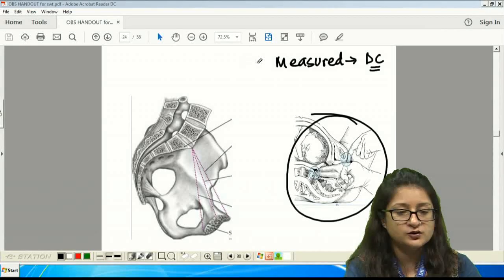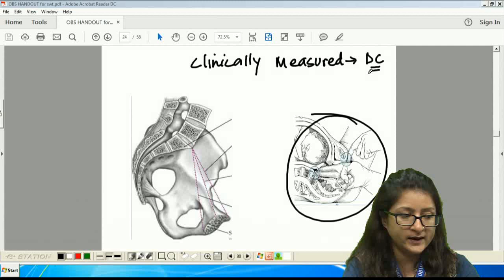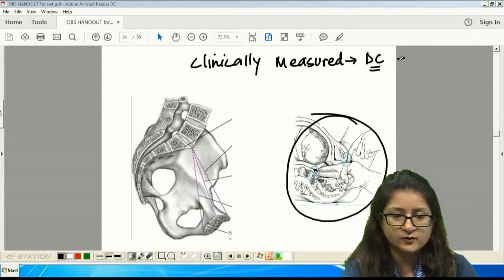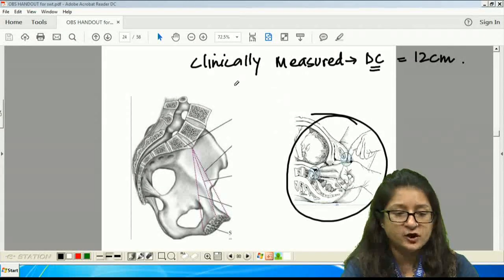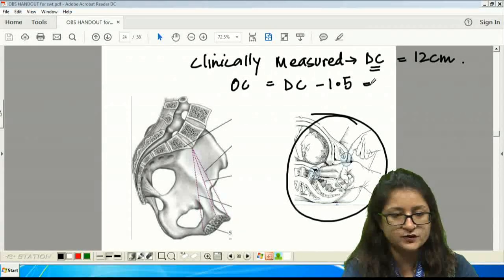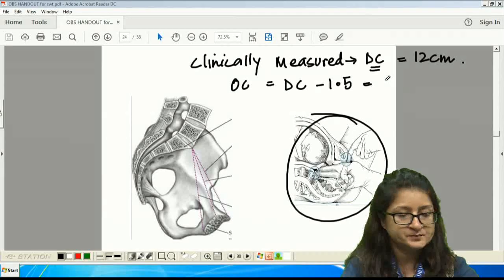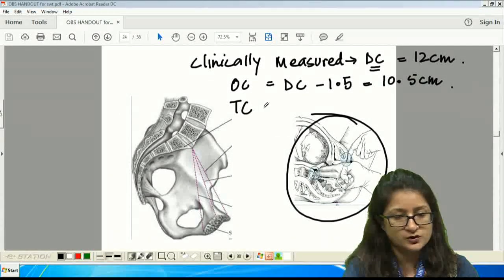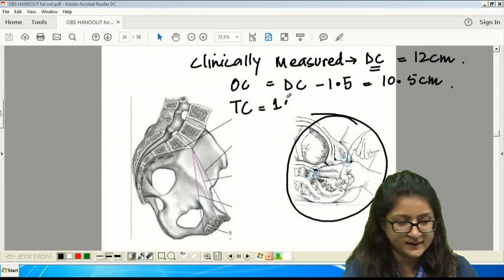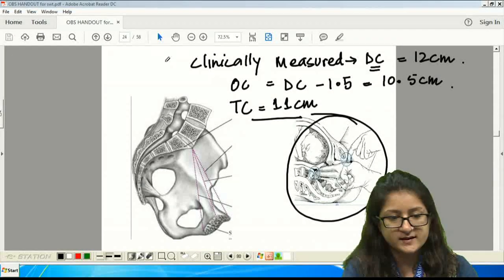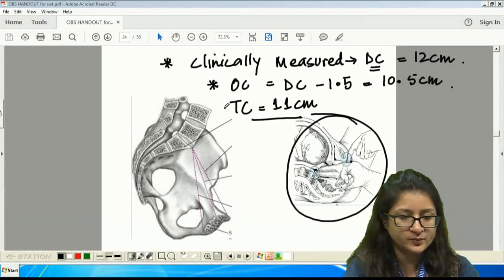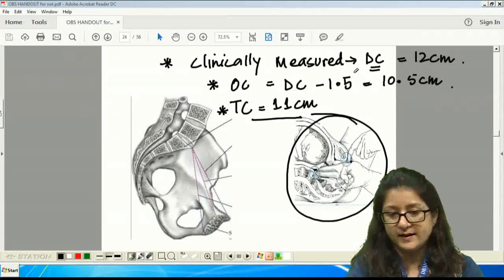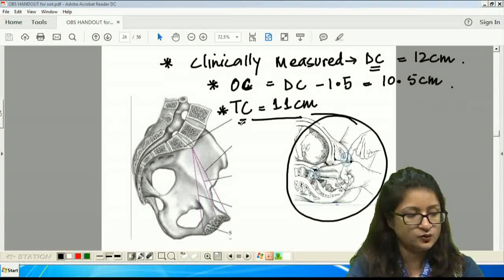This diagonal conjugate is around 12 centimeters, and the obstetric conjugate is calculated as the diagonal conjugate minus 1.5, so the obstetric conjugate is about 10.5 centimeters, right? The true conjugate is about 11 centimeters. So these are the three important anteroposterior diameters: diagonal conjugate, obstetric conjugate, and true conjugate.